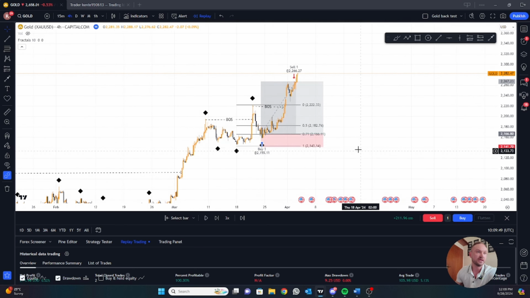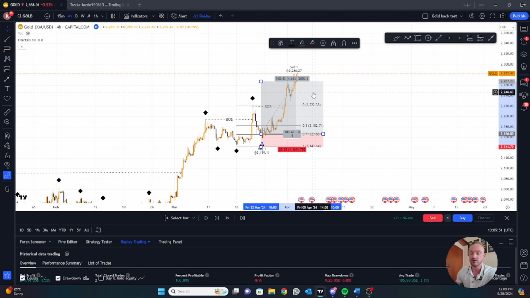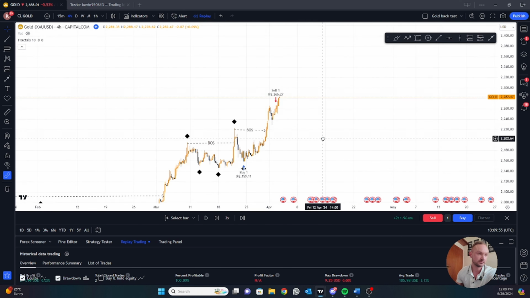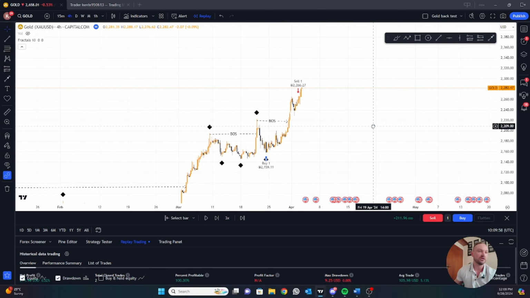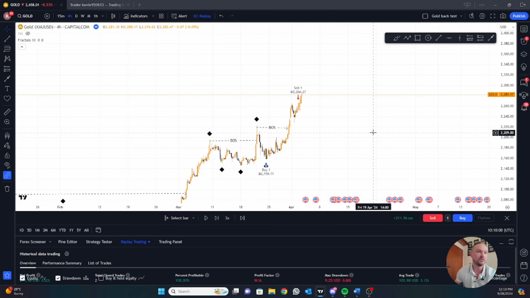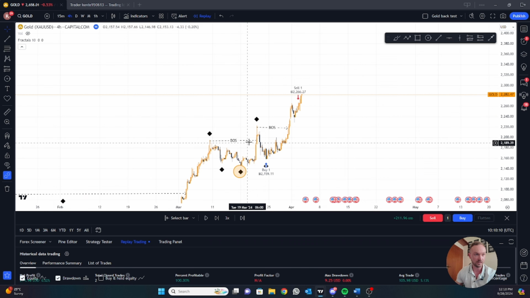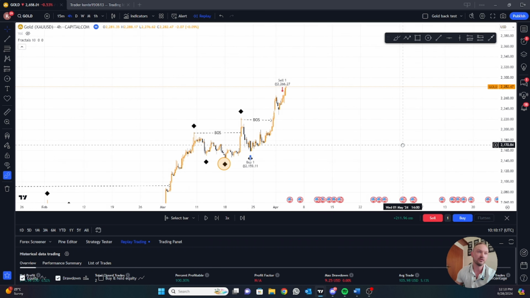Okay, so now that this trade has been taken, we can remove this from our chart. And we need to look at our new lows and highs. So basically this now is our new swing low. We have break of structures to the upside, so we can wait for a retracement and then draw our Fibonacci again.